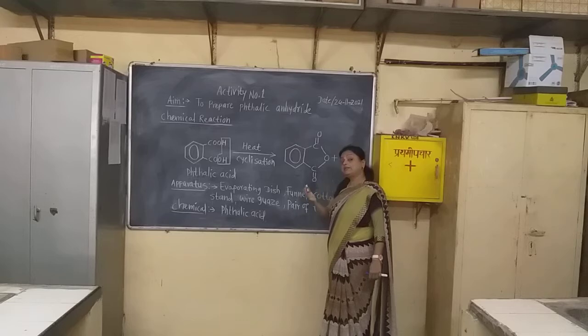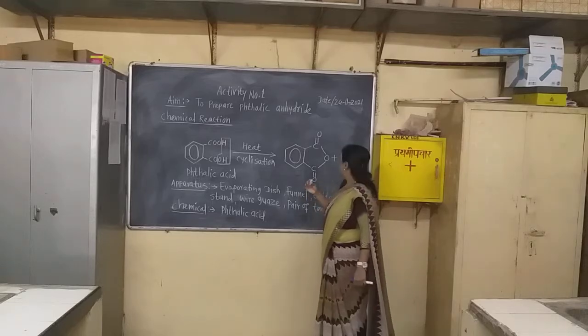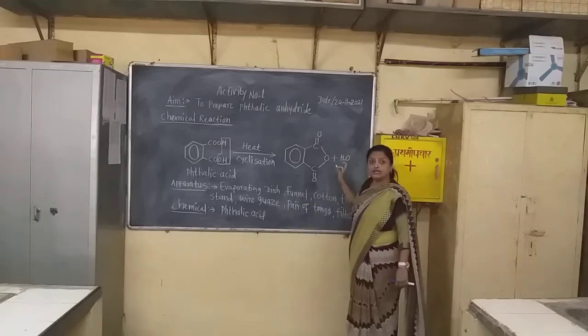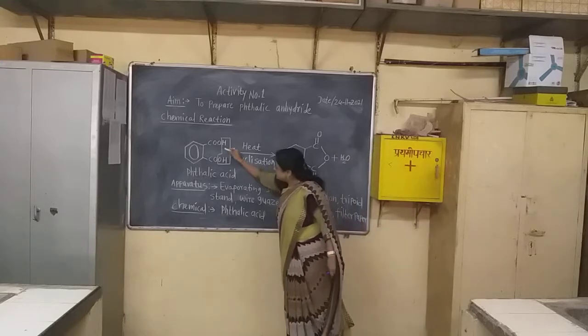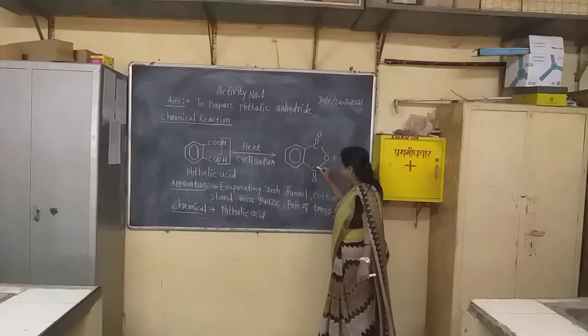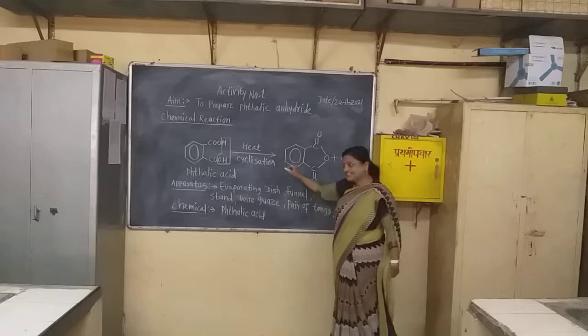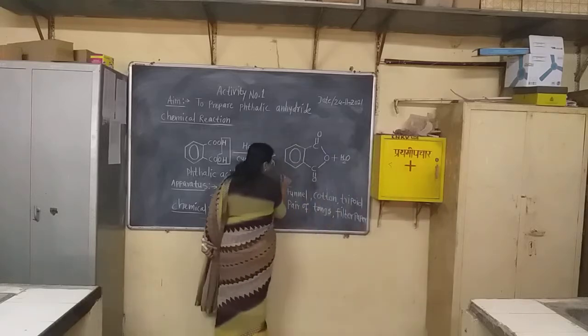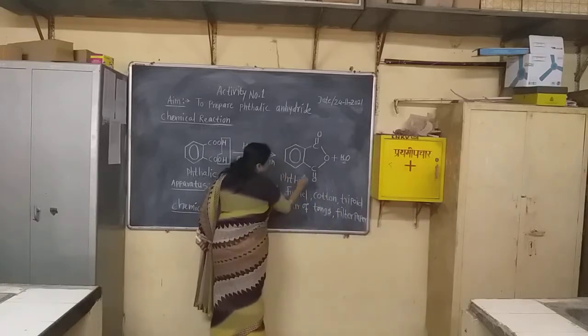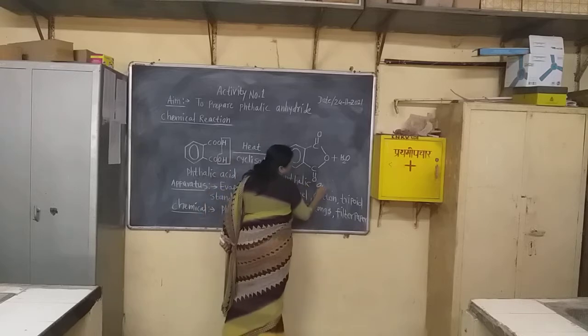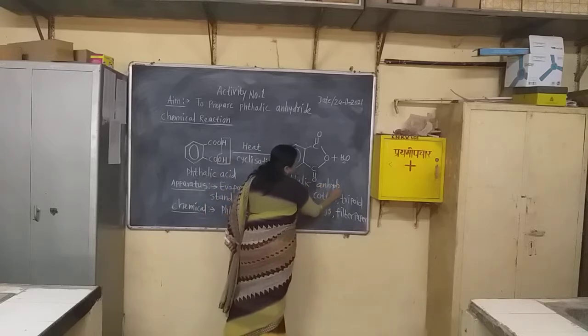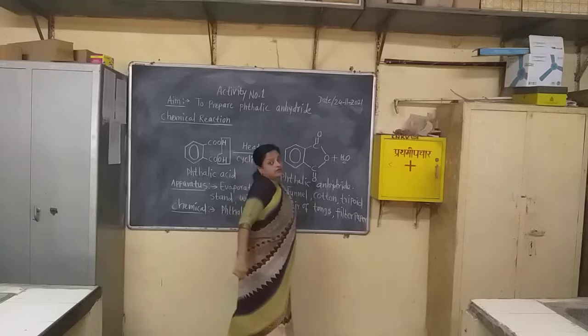So anhydride means removal of water. And here this water molecule is removed, and at the same time there is the cyclization, and phthalic acid is converted into phthalic anhydride. Now see here, this is phthalic anhydride.